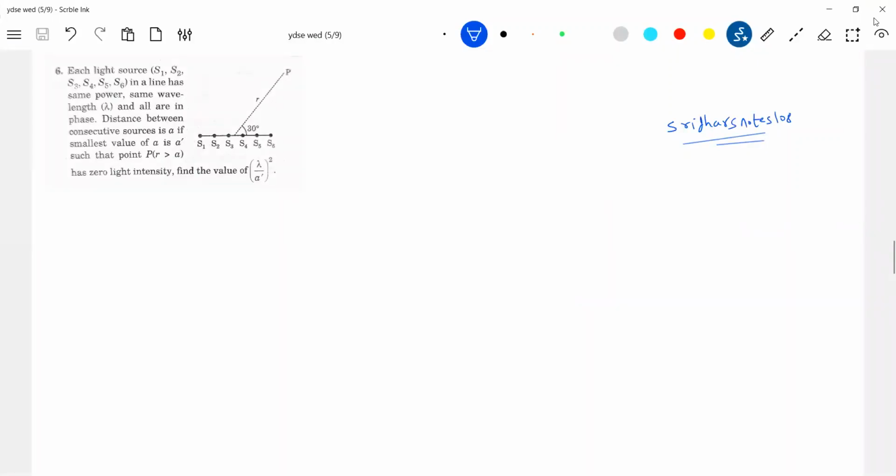Okay, read the question. Take help of the basic maths, what you know. Definitely the dotted line will be the midpoint. It will be from the midpoint O. Let's have a small diagram.